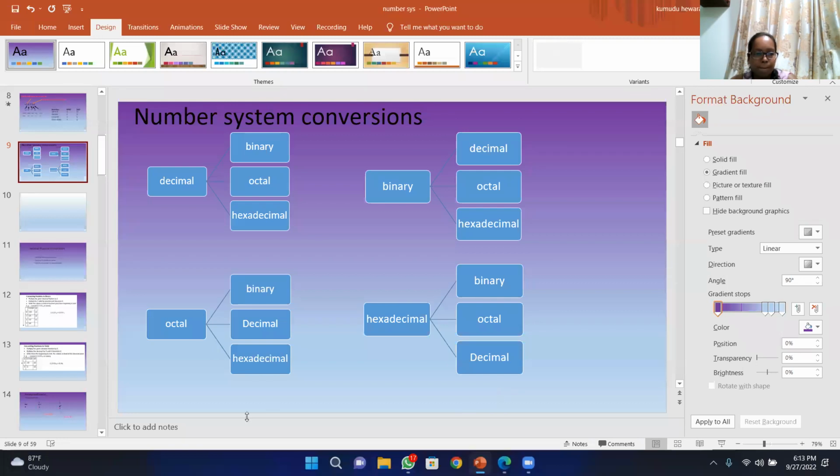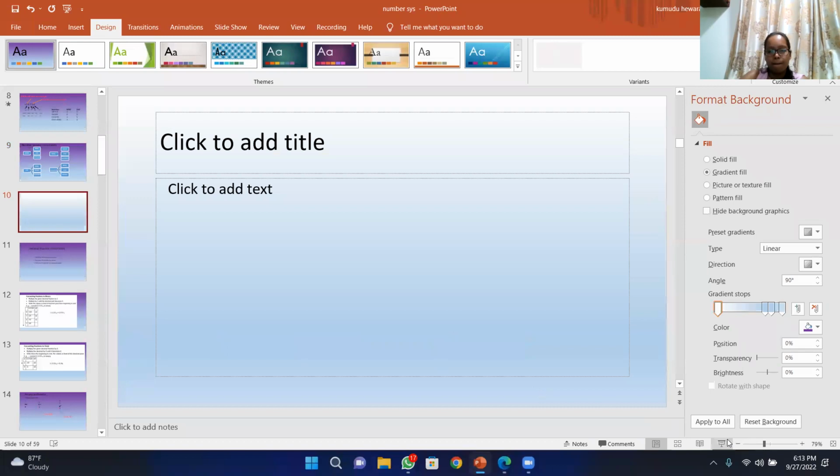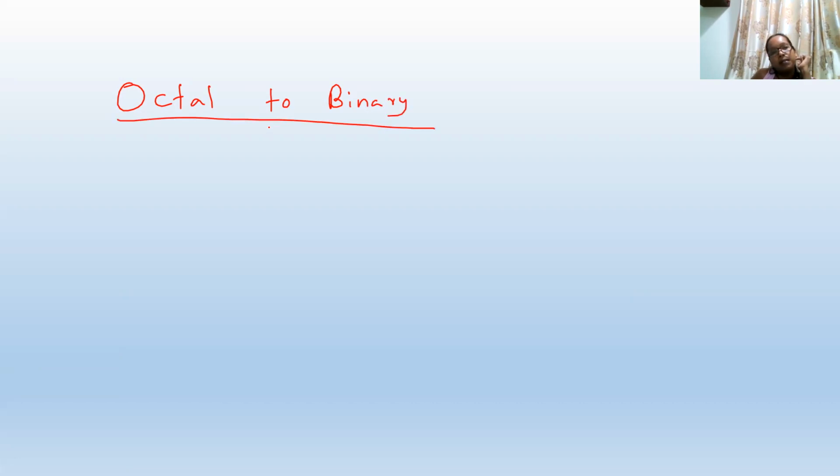Octal to binary. I will explain here. Again, that relationship we need here. Octal is base 8, binary means base 2, and 2 to the power 3 is equal to 8, right? So again we take that relationship 3.